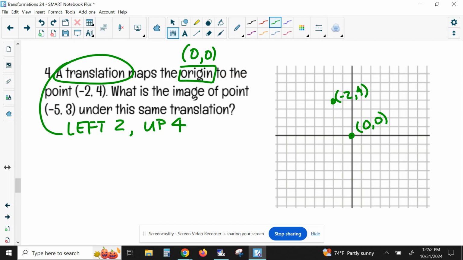It says, what is the image? Is the image the first one or the second one? Yep. What is the image of the point -5, 3 under the same translation? Okay, so I'm going to get a new color, and I'm going to find where -5, 3 is. -5, then 1, 2, 3, 4, 5, positive 1, 2, 3. So he's that red guy right there.